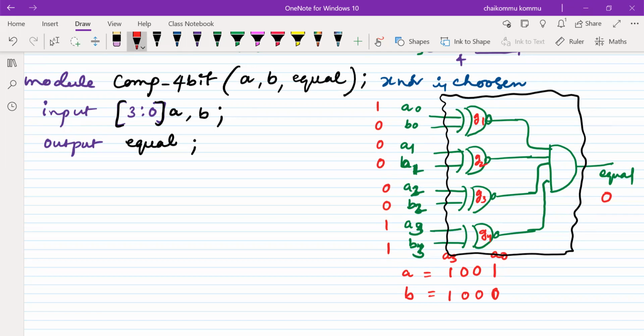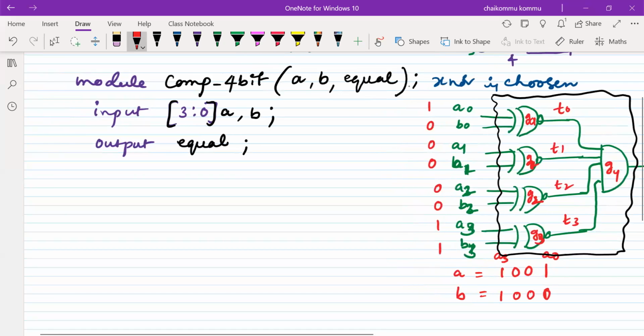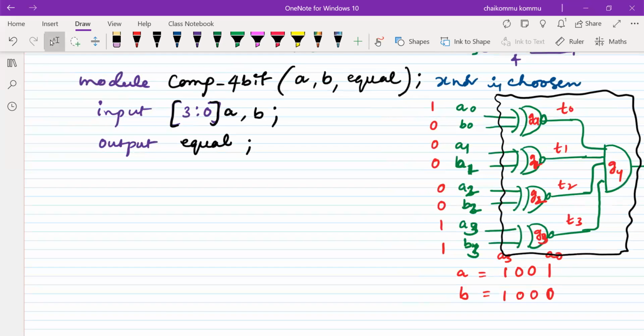That is the best way when you are representing digital circuits. For G0, we know A0, B0, but we don't know the output. That's why I want to write T0, T1, T2, and T3. For G4, the output is already defined as equal. Therefore the internal wires are T0, T1, T2, T3.